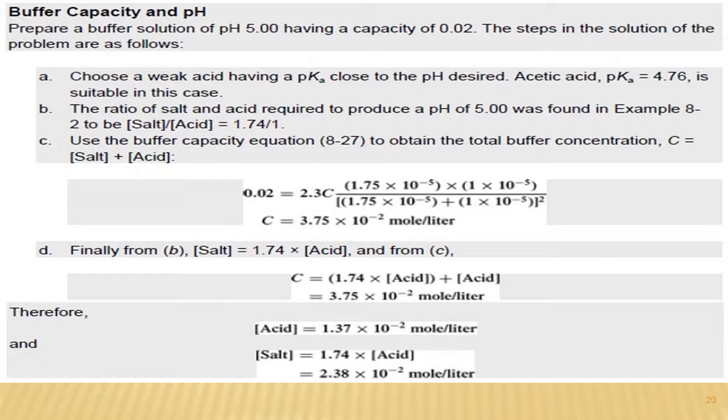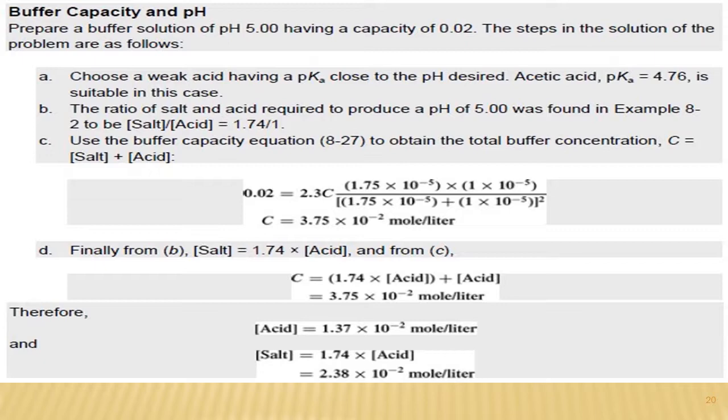Finally, from equation B, salt equals 1.74 multiplied by acid, and from equation C, you will get this ratio by substituting the known values. For acid, 1.37. Just take a paper and rewrite the equation in the correct manner and practice, and you will get the same result.